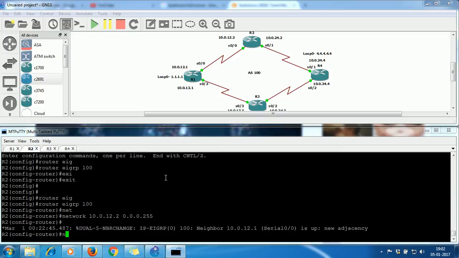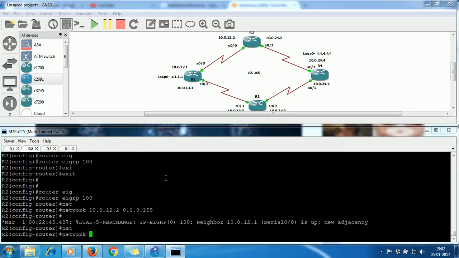Here I am advertising my loopback also. Why? Because I need to ping from router 1's loopback address to router 2's loopback address or router 4's loopback address. They are one hop away from that router, right? For that confirmation, I have given the loopback address here. So let's go and advertise the remaining things.